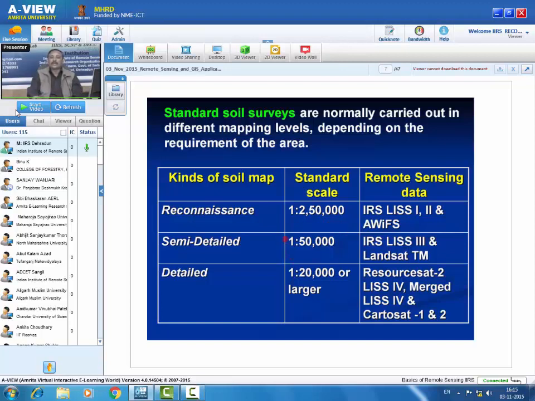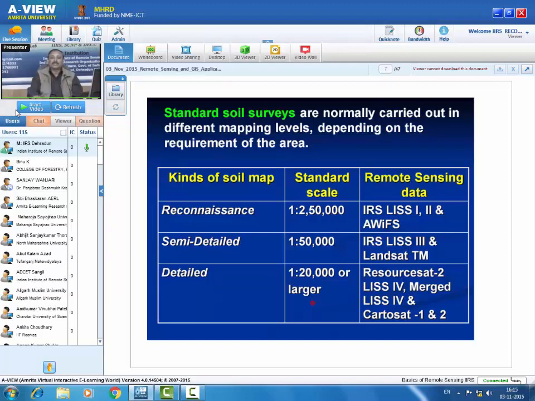and around 2/3 of the country has been mapped at 1:50,000, but in many parts of the country the systematic survey has not been completed, and very few areas have been mapped at the detailed scale. But for our project purposes, many times we need maps at 1:50,000 or 1:20,000 scale, which are in general not available. Then the question comes, how do we prepare these maps?